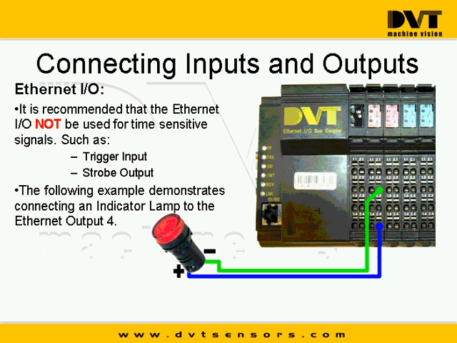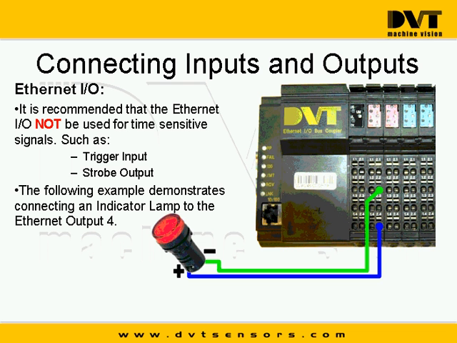Now, how do we get these inputs and outputs connected? Well, one of the examples I'll be showing you once we get into the software configuration of this is to connect just basically an indicator light or a signal that's going to let me know when that particular output happens to be high or when that particular output happens to be low. And as you can see, these connections are made to the output modules, right?